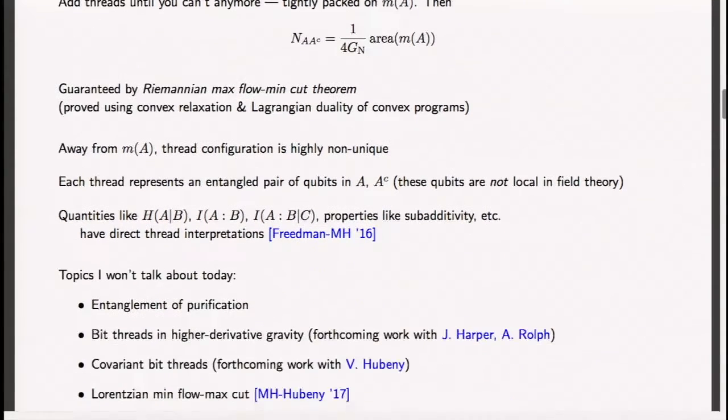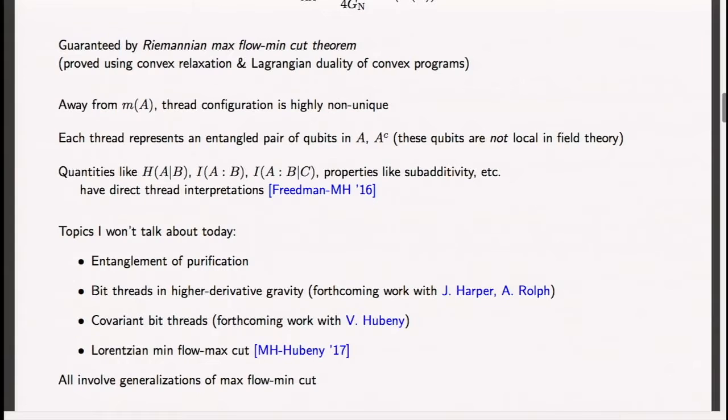There are things I'm not going to talk about, but that I could talk about in terms of bit threads. There's a bit thread version of this entanglement of purification story we heard about a couple days ago. You can add higher derivative corrections, and that's something I'm working on with my students. To answer a question about time, there is a covariant version, which I'm working on with Veronica, and you can prove a Lorentzian version of min-flow max-cut.